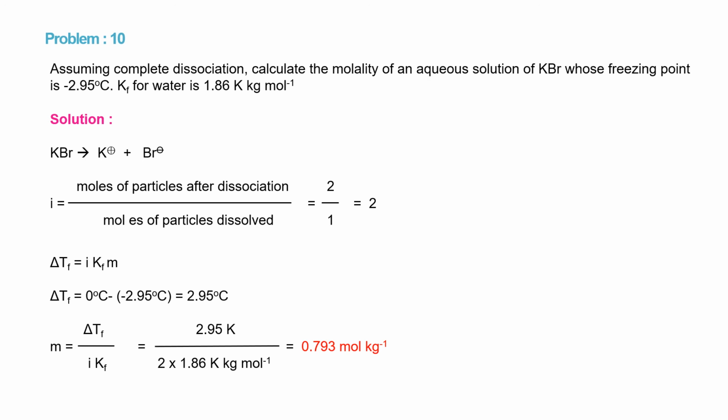So the 273 terms cancel and your answer comes to 2.95 Kelvin only. So m becomes delta Tf upon i into Kf. So delta Tf is 2.95 Kelvin upon 2 into 1.86 Kelvin kg per mole, which is equal to 0.793 mole per kilogram. So in this way, we complete the problem, and thank you for listening.